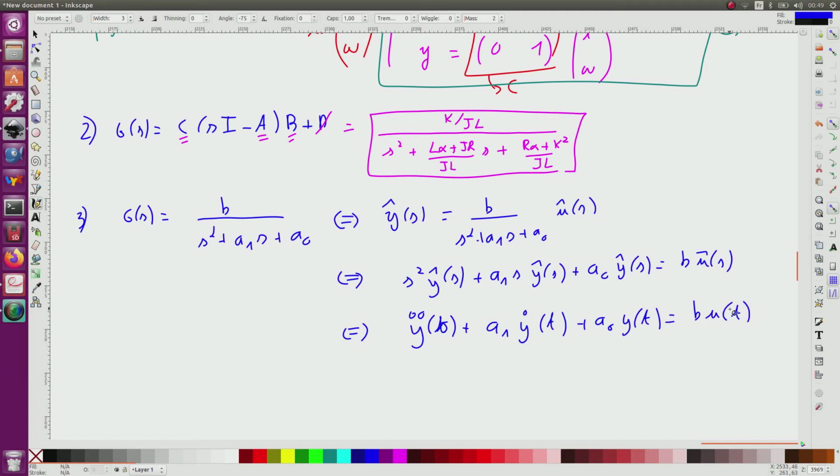As a consequence, this one plays the role of a1, this one of a0, and this one of b. So I have obtained my differential equation associated to my motor.